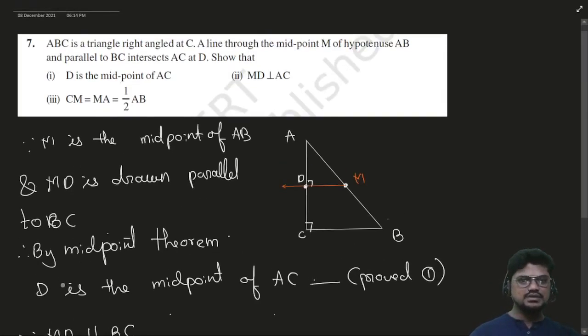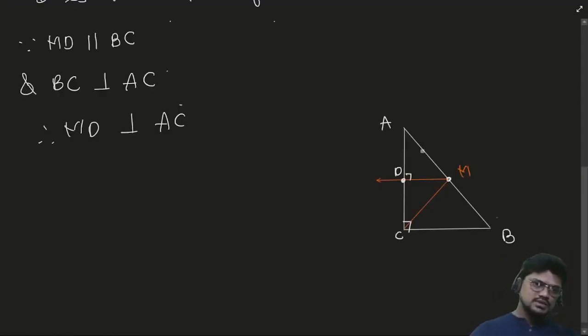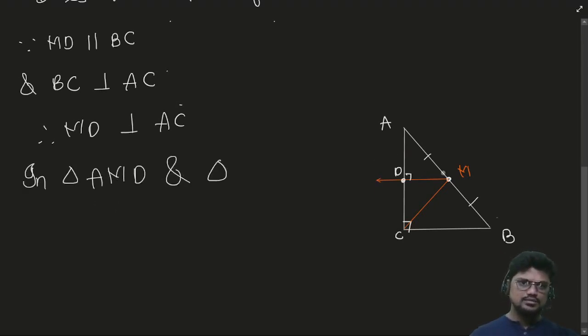After that, CM is equal to MA is equal to half of AB. Fine. For this, if I draw this CM as the line, and I'll take this triangle below. See, we know that M is the midpoint of AB, right? We know that already. Now, in triangle AMD and triangle CMD, what all things we know?